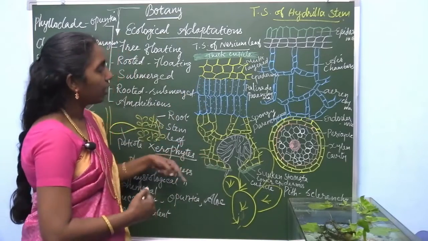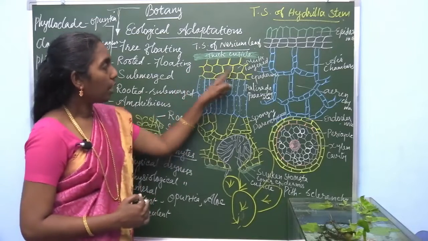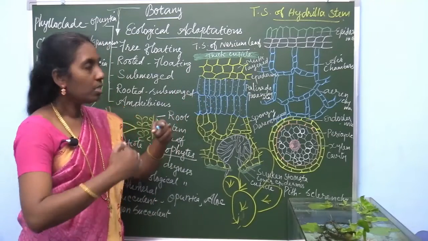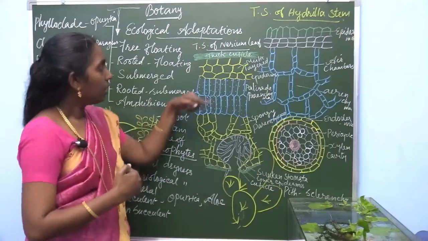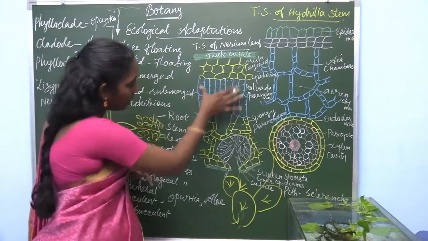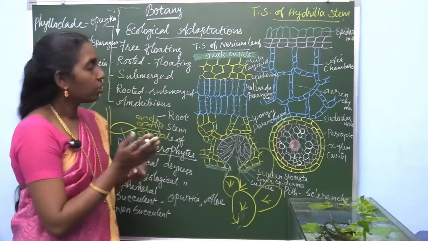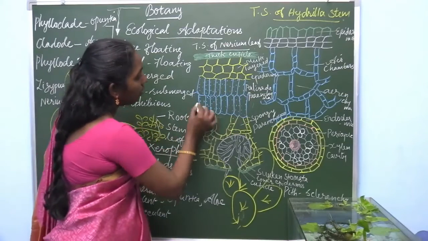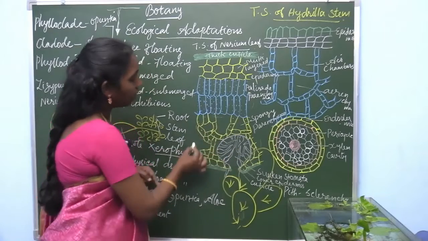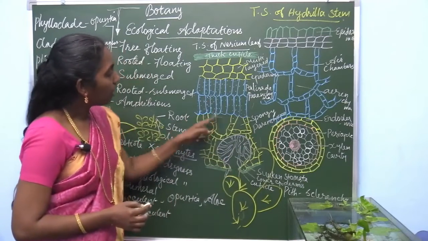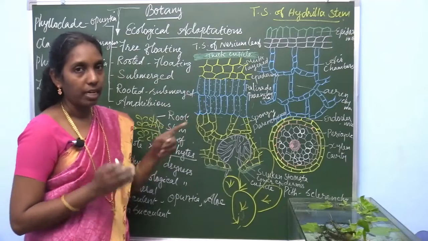And the mesophyll. First the cuticle, then the epidermis, and in between, the center part is mesophyll. The mesophyll is differentiated into palisade parenchyma and spongy parenchyma. This part is made up of palisade parenchymatous cells.